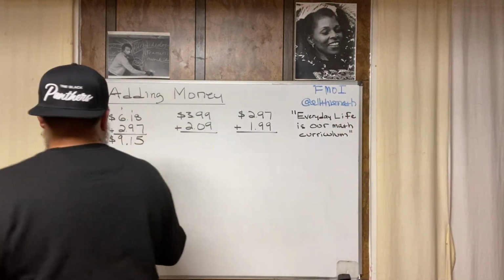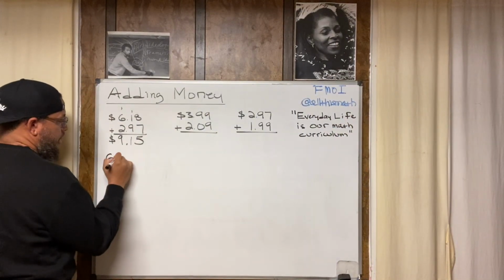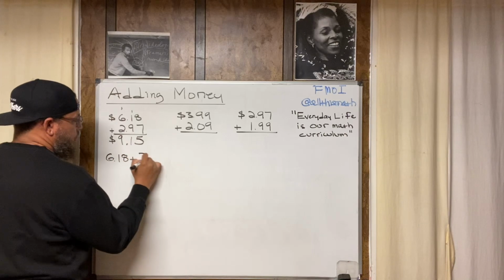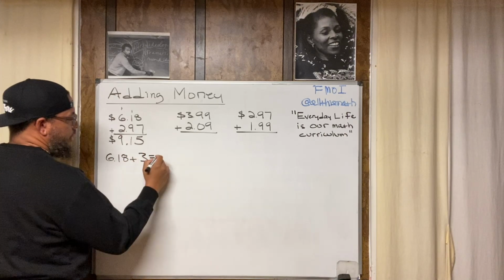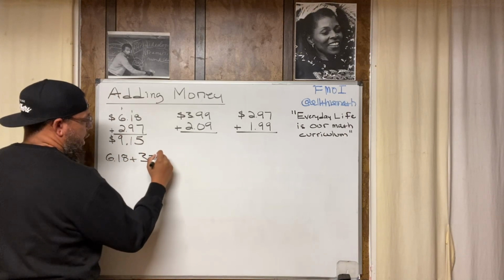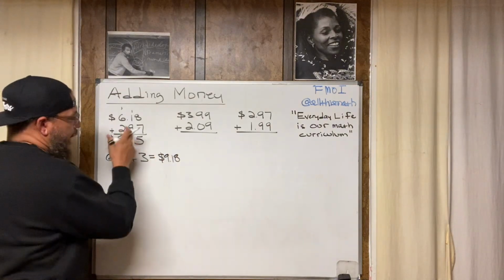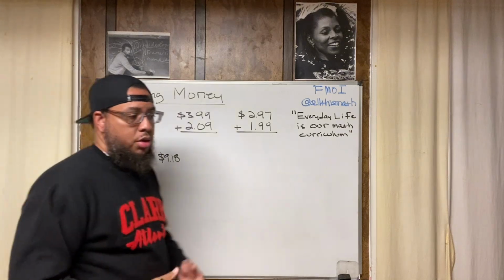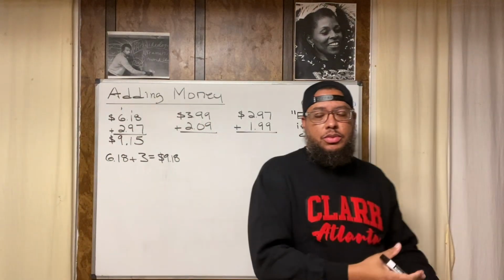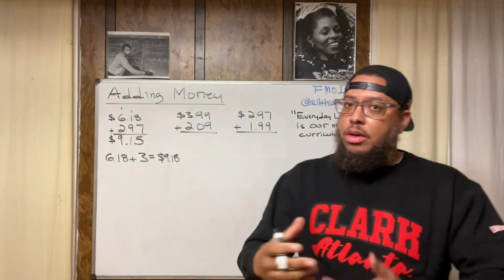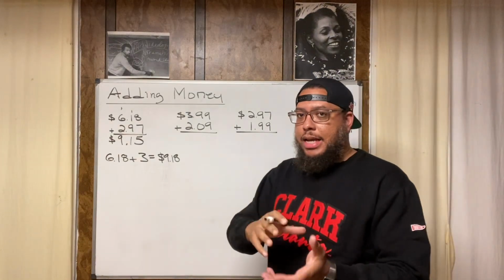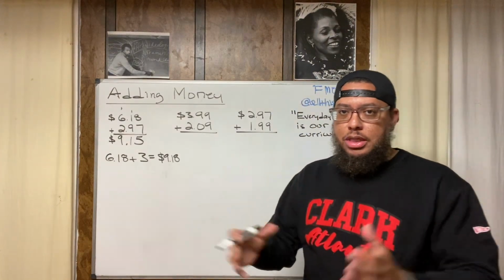So if it's $3, it's gonna look like this: 6.18 plus 3. 6.18 plus 3 is $9.18. But what do we do? How do we round $2.97 up to $3? We added 3 cents. That's not the reality. We just kind of temporarily did that just to make the numbers easier to work with.